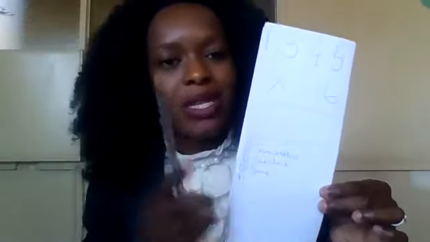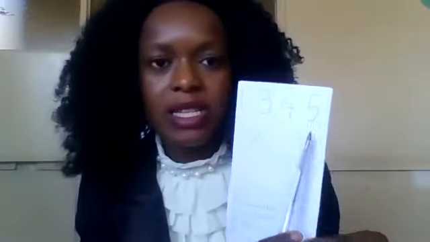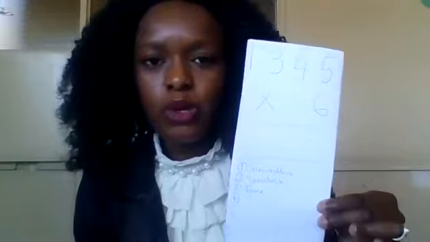Remember that the multiplication symbol is an X, and since multiplication is an operation, we start from the units. The digit 6 will multiply 5. We say 6 times 5. You can tell me what is 6 times 5, so that we can multiply together.